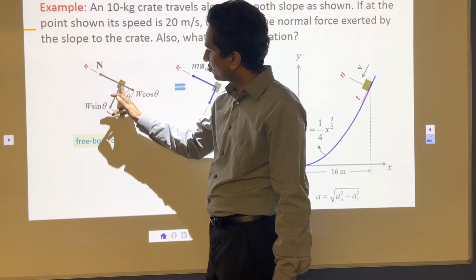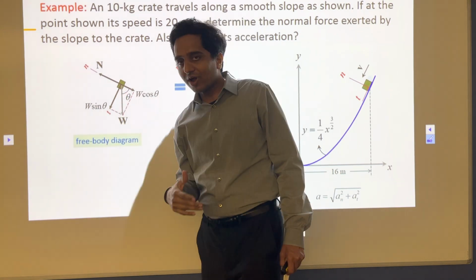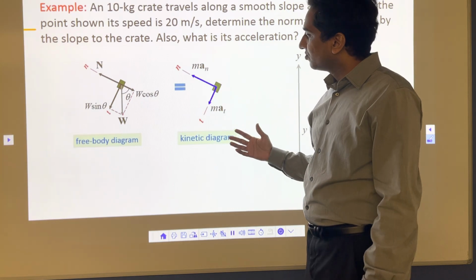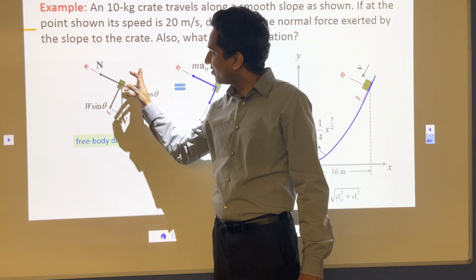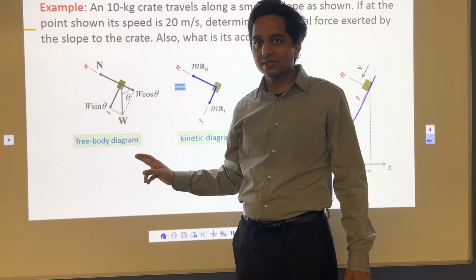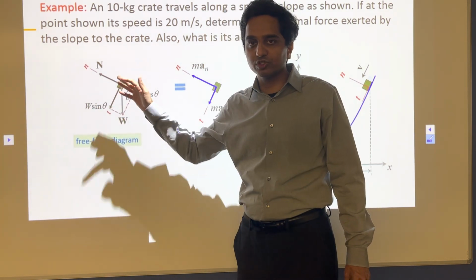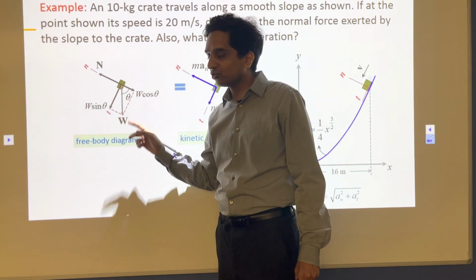Now if I want to solve this problem, the very first thing I need to know is theta. Without theta, I cannot apply the equation of motion in the normal and tangential directions, the second law, for this problem.